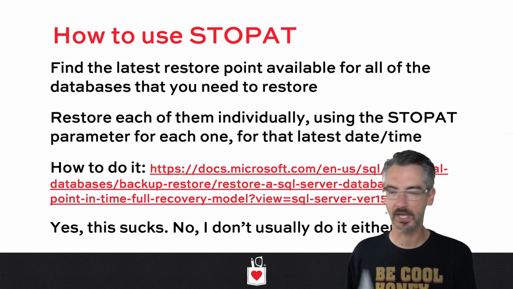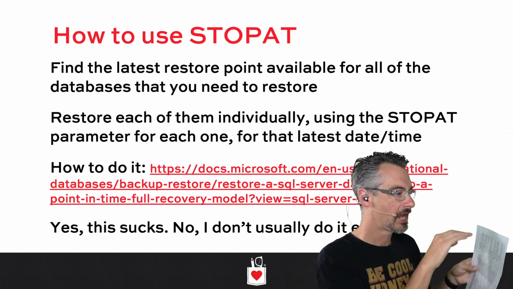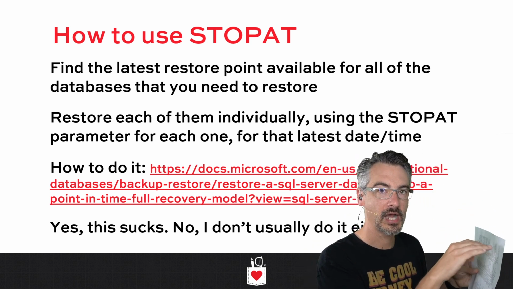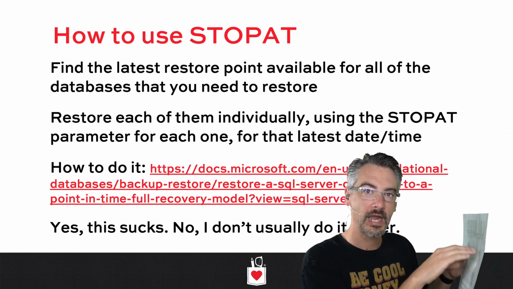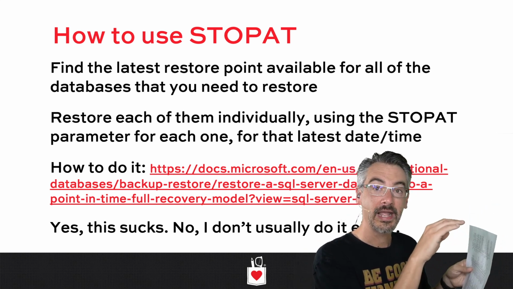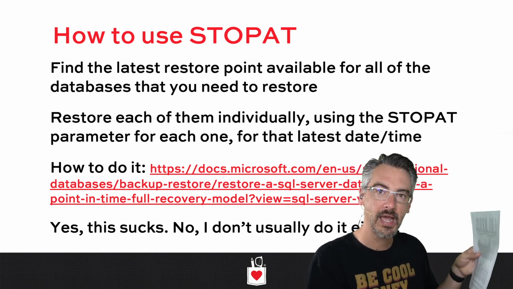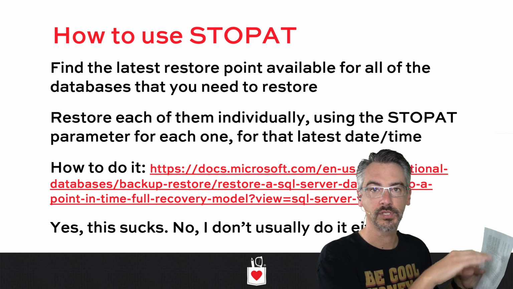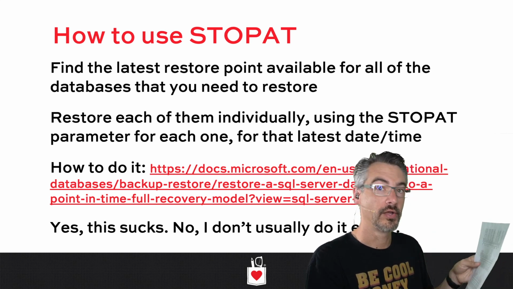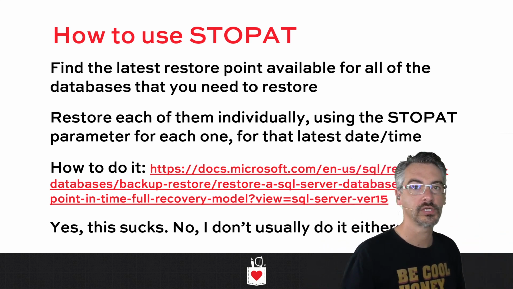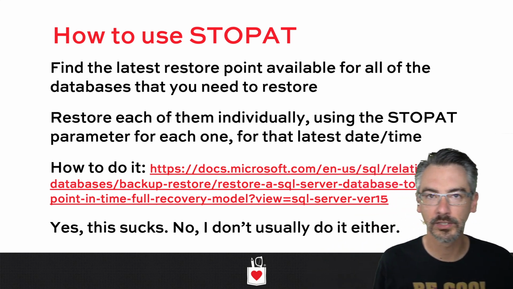If I've got, say, a list of 20 databases and one of them's oldest backup is 9 a.m. and the rest are all at like 9:03 and 9:04, then I've got to restore everybody to 9 a.m. and just stop there. It doesn't matter if I have additional log backups that go to later times for other databases. I can only go as far as my weakest link went.